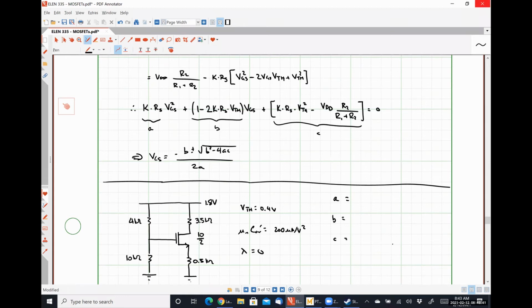So that I'm going to store as K. 5 times 10 to the minus 4 is 1/2 mu n Cox. So did you say K or A? K is 5 times 10 to the minus 4. Then we multiply that by RS, and I get 0.25.